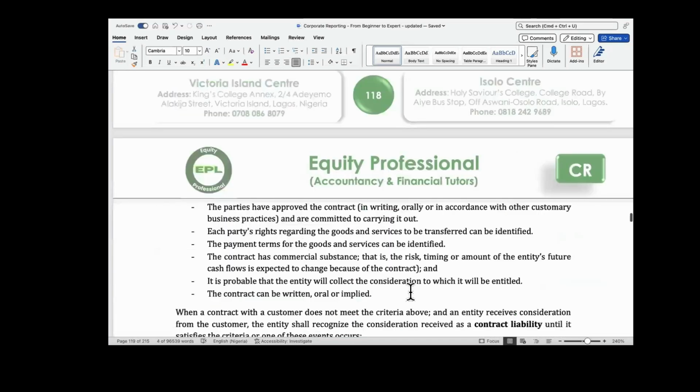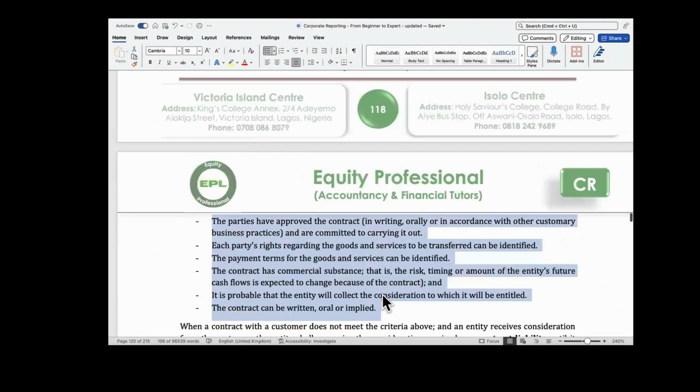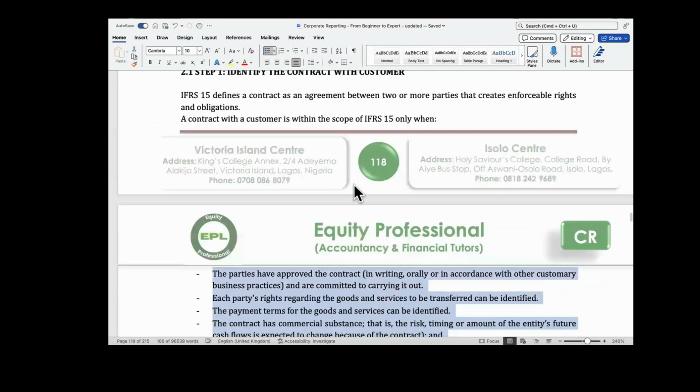I asked this particular one in 2 consecutive diets, for 5 or 6 marks: what are the criteria a contract must meet for it to be within the scope of IFRS 15?